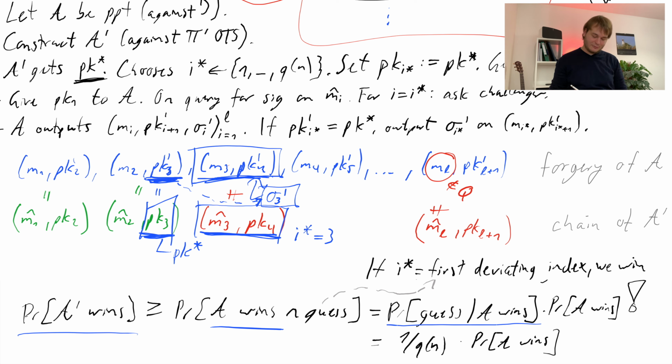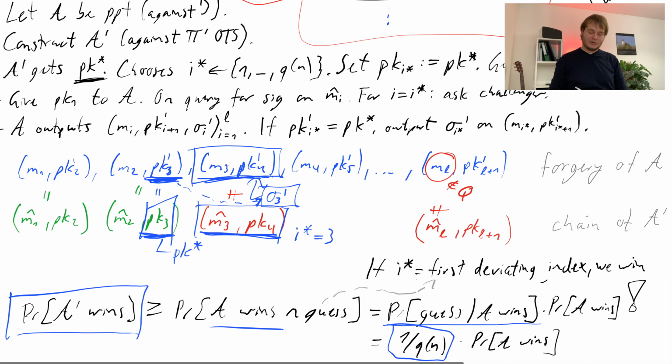But we know that if A wins, this deviating index exists, and because everything is independent, we guess it correctly with probability 1 over Q of n, and then we're just stuck with the probability that A prime wins is at least the probability that A wins divided by Q of n. In the end, we know that this probability that A prime wins is negligible because it plays against a secure one-time signature scheme. And then because Q of n is only a polynomial, we can deduce that the probability that A wins also needs to be negligible, which is what we wanted to show.